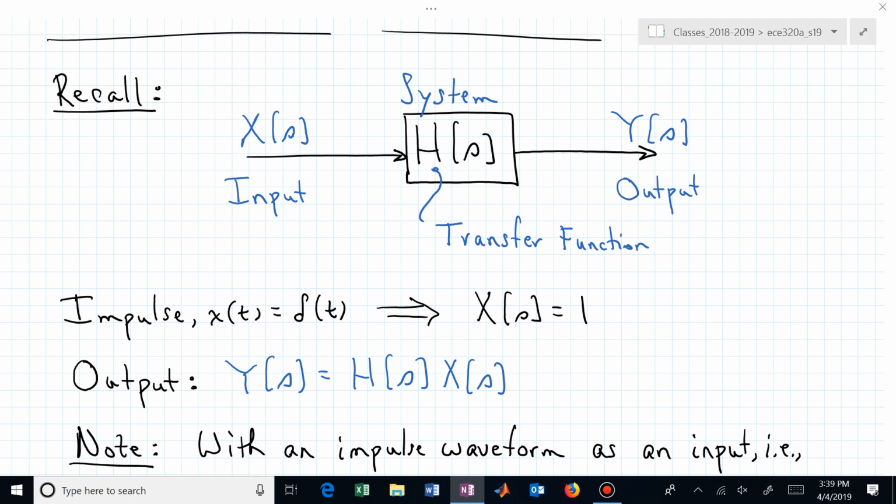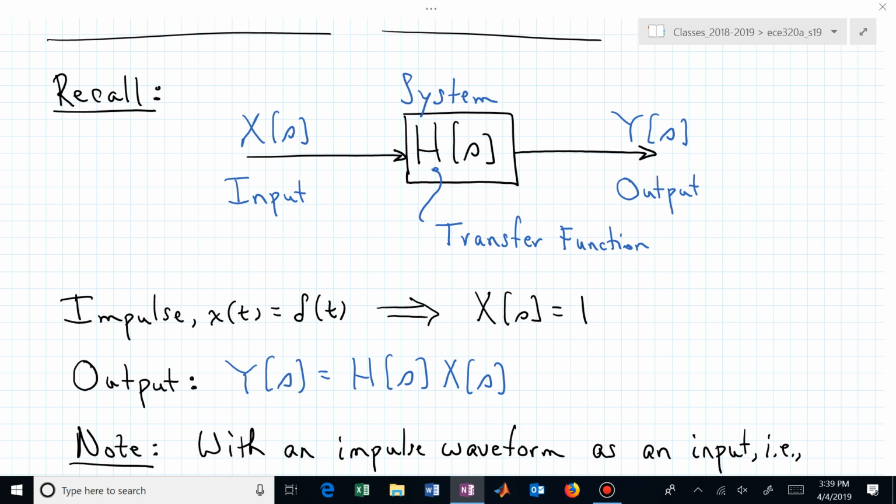You put that into the definition of the Laplace transform, and you'll find that capital X of s is 1. If you now replace X of s with 1 for an impulse waveform input into this system, the output is just the Laplace transform of the transfer function.